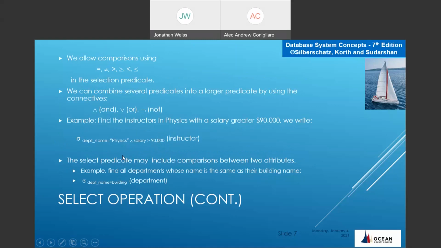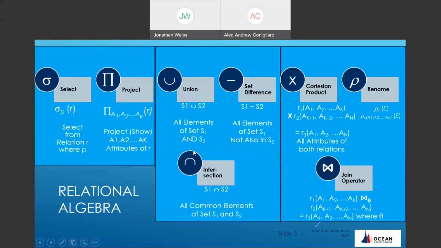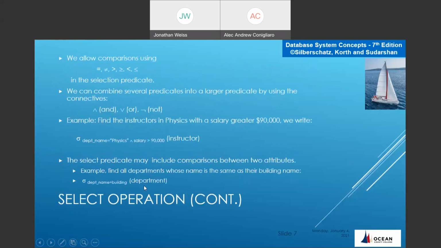And the other thing that we can do is we can use multiple fields in this expression, or multiple attributes. So for example, if we had building names, we could say we want to select those records from the department. If we had a relation that had department and the buildings that they were in, we would want to find those records where the department name was the same as the building name.